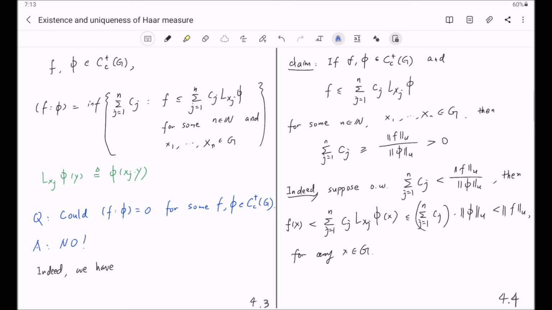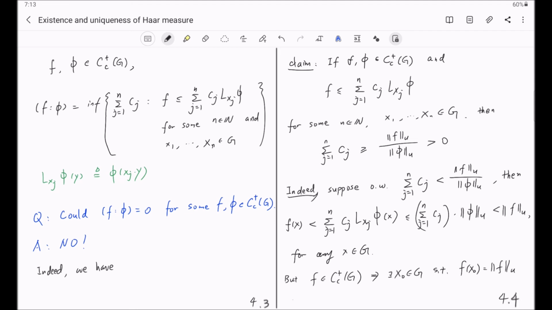But this is absurd because f is in CC of G, in particular, is compactly supported, which implies that there exists x0 in G such that f of x0 is precisely equal to the supremum.